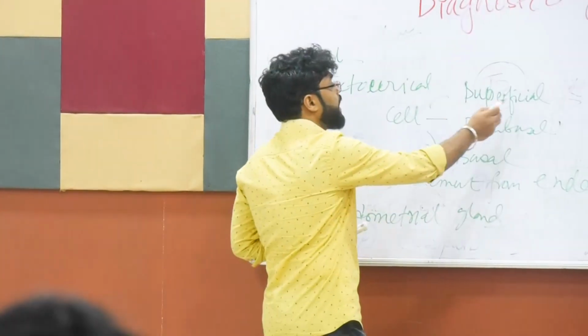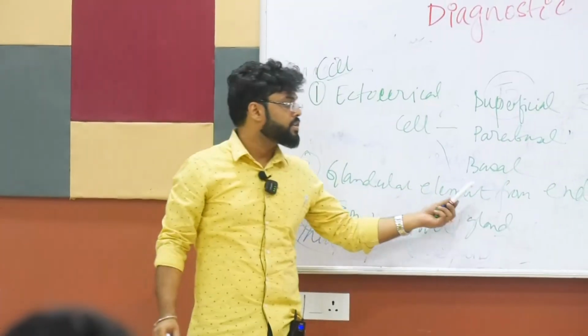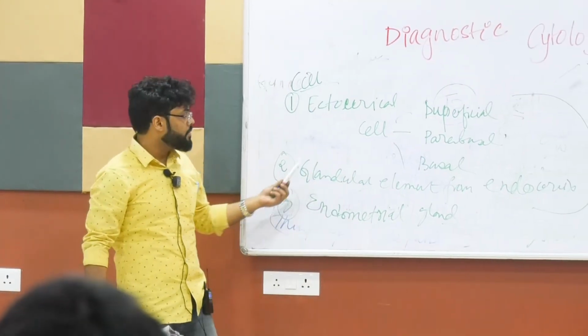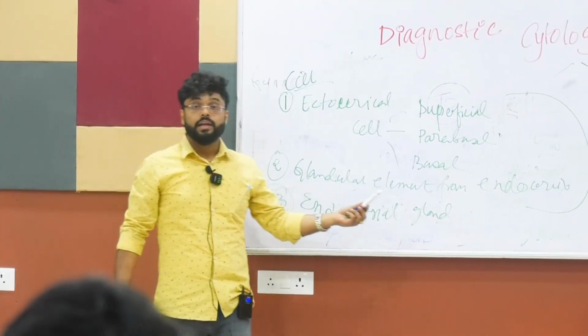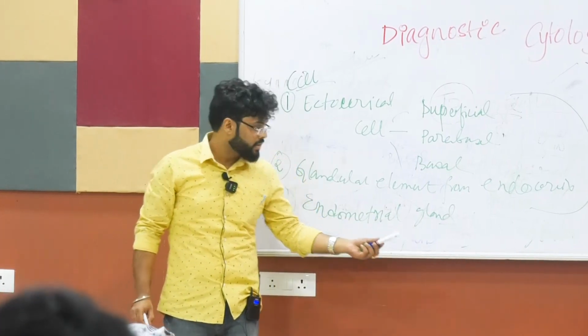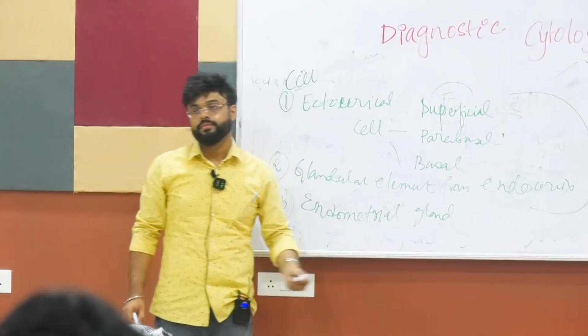Most importantly what will be there? Superficial cell. These three you have to see. Most importantly superficial cell, parabasal or basal cell. These are the types of ectocervical cell. Second most common cell is endocervical glandular element or endocervical glands, and third is endometrial glandular element.